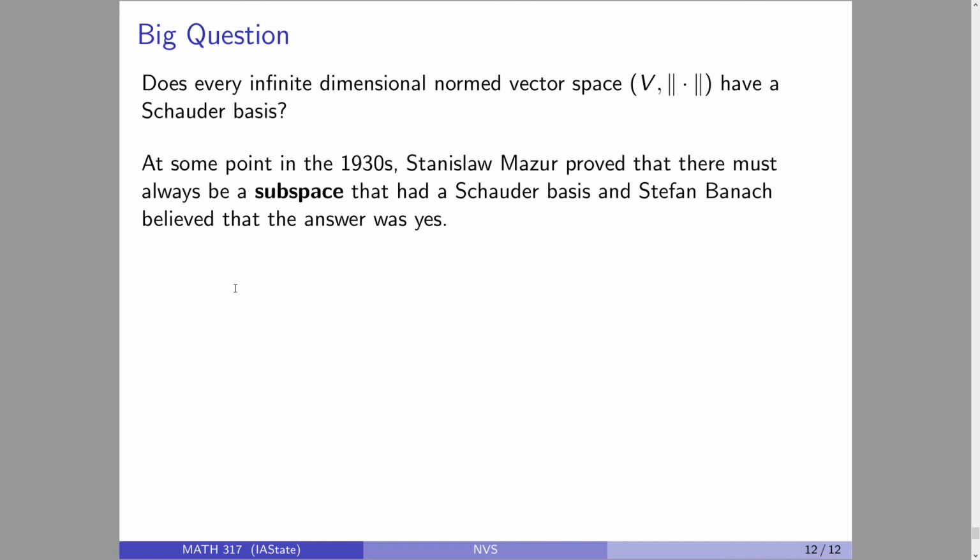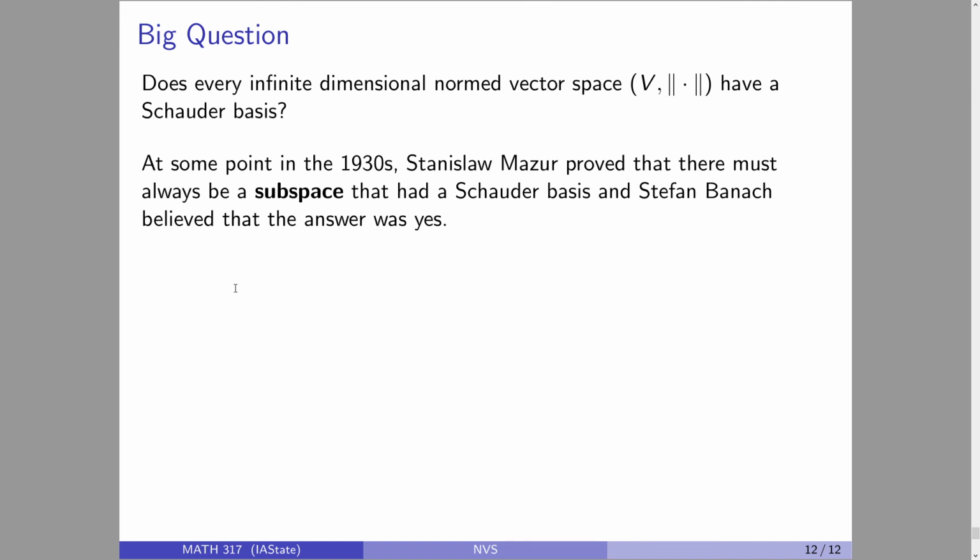And Mazur had proven that you can always find a subspace that has a Schauder basis. So he was able to prove that in every normed infinite dimensional vector space, there is a subspace that possesses a Schauder basis. And Banach, after he looked at it, basically went like, okay, well, yeah, this should probably work then. The subspace then is the whole space itself, not a proper subspace.